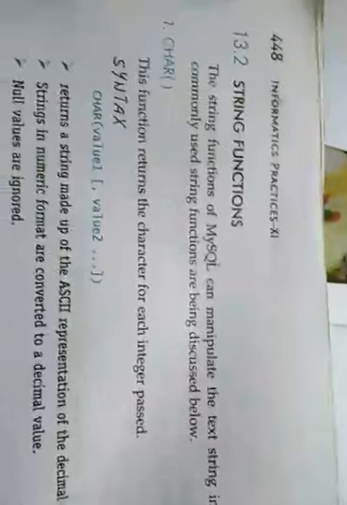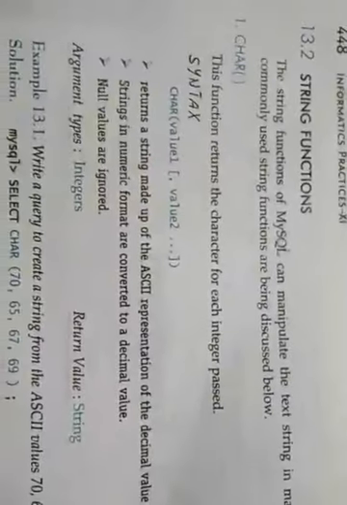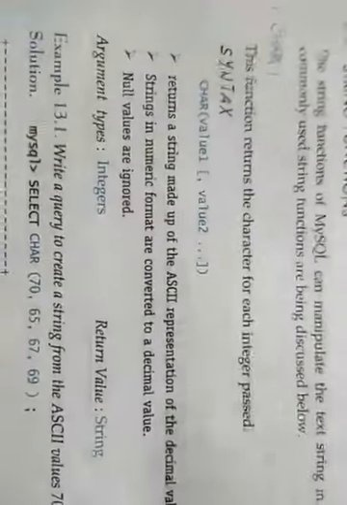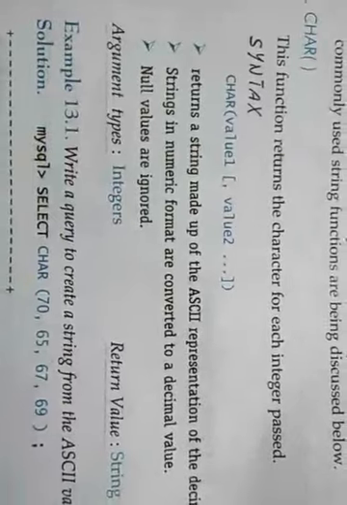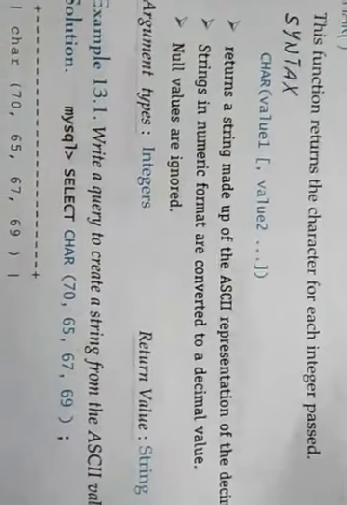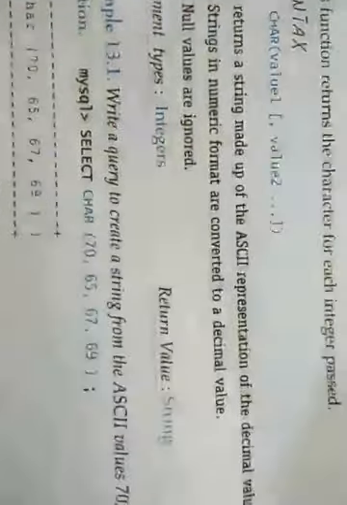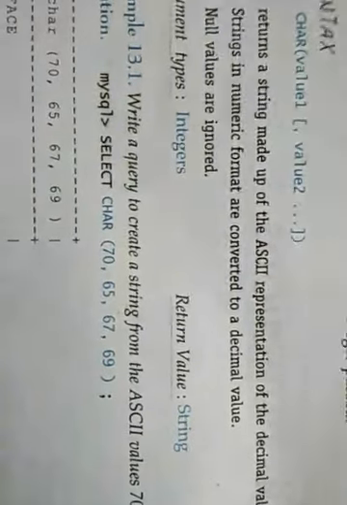There are different categories of functions, and the first category is string functions. The first function is CHAR. This function returns the character value of a numeric value, and this numeric value is called the ASCII code of a character.